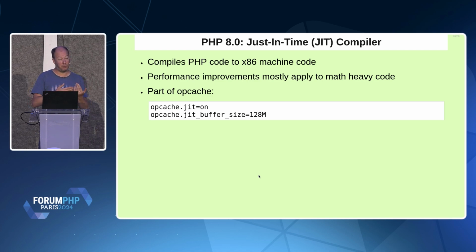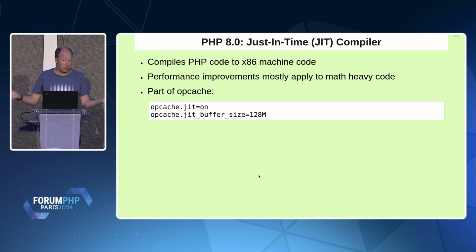So this would compile PHP code to x86 or the 64-bit variant machine code, and then run it directly on the CPU for the cases where that makes sense. That is really useful for specific functions that you have written that implement some logic. It makes not a lot of sense if it calls a lot of other functions, because every time you call a function, PHP needs to come out of JIT mode and go back into it again.